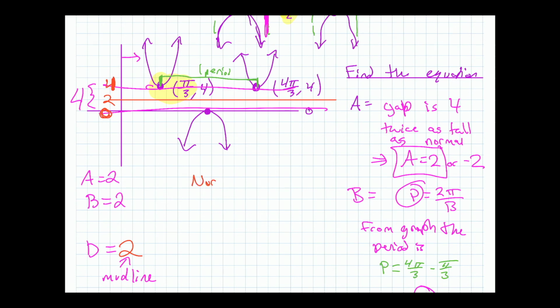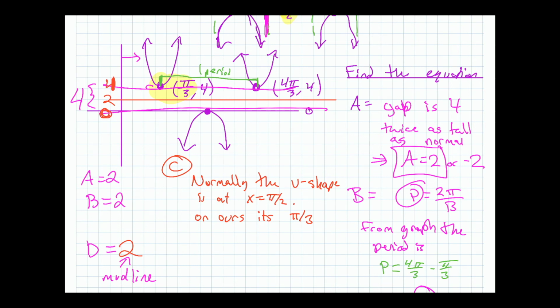Normally, so this is for C, the first U shape, the one that I highlighted, is at x equals pi over 2. On ours, it's pi over 3.